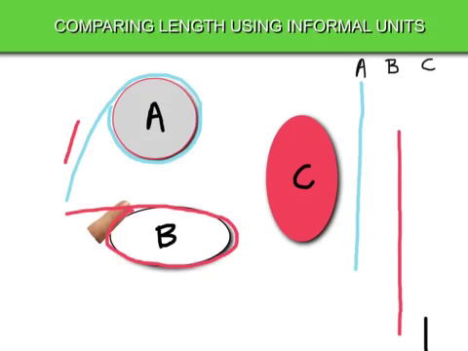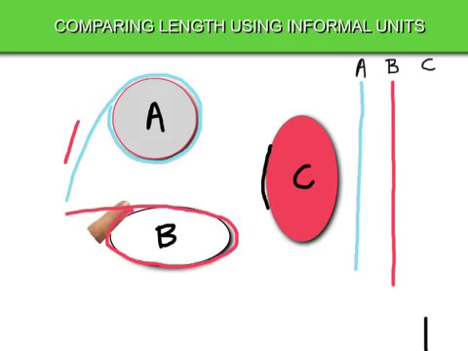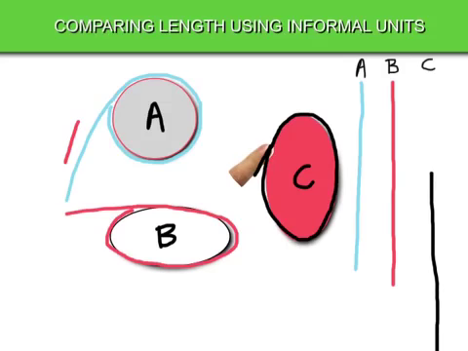And I might end up with a piece of string that looks like this for B. Now I'll do C, and I wrap it around the outside of the shape, and I could put my finger there to mark the spot where to cut it. I cut the string off, and when I unwind it back straight out again, it would look like that.